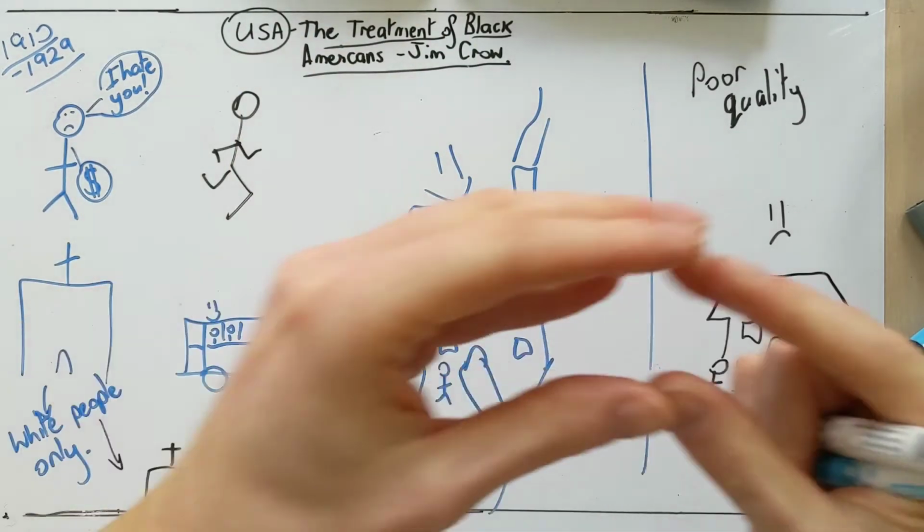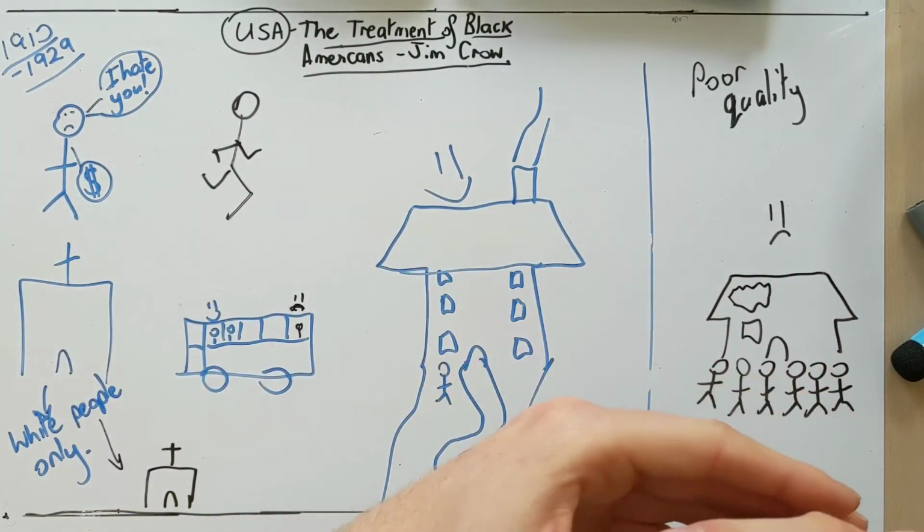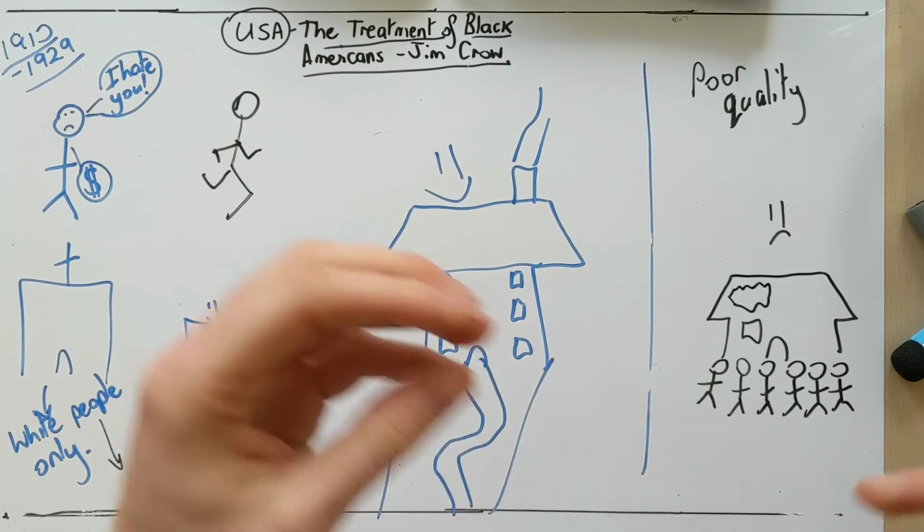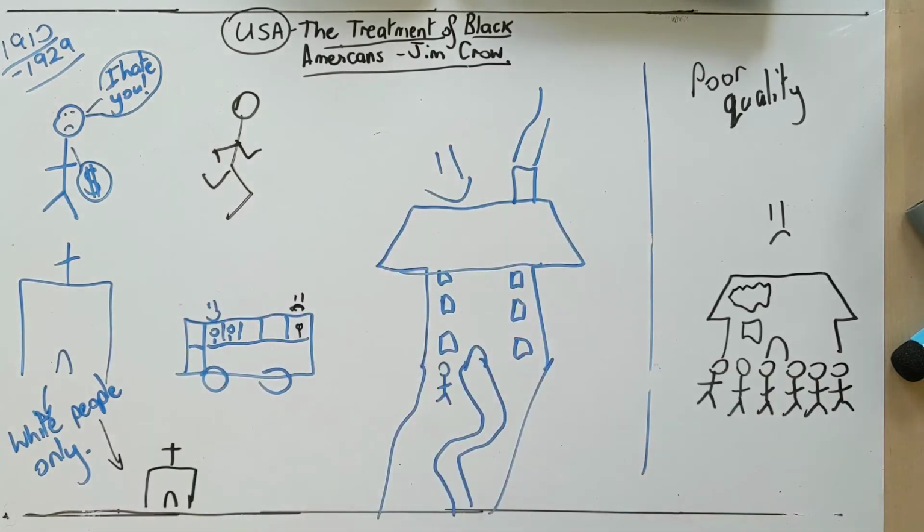Remember, a lot of people moved into the city. They were poor, so they often had huge families in one small house, and that is what meant we had poor quality housing. Now, we've also learned about immigrants living in poor quality housing. Where did they live?